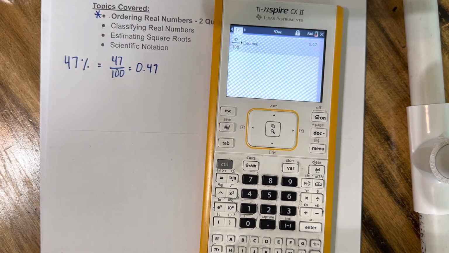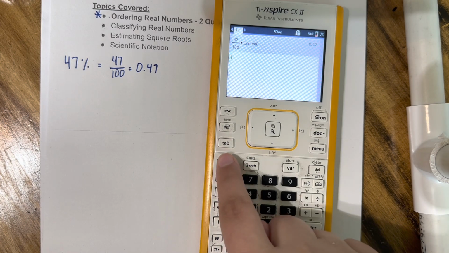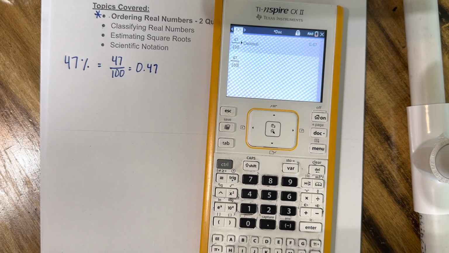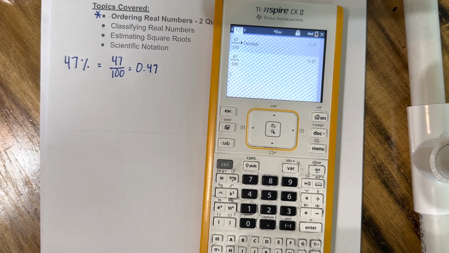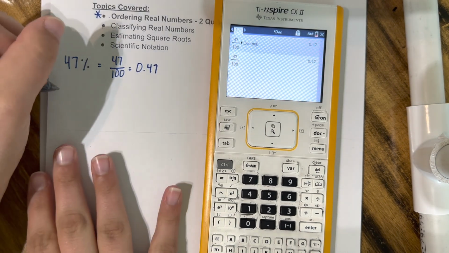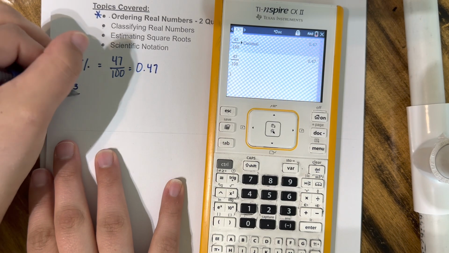Now, an easier way to do this. I make my fraction, so 47 over 100. And then I know I want to convert it to a decimal, so I'm going to do control enter, which approximates it for me to a decimal form. So there's 2 ways to do it. It doesn't matter which way we do it. All right, the other one I want to do, we already kind of talked about, is a fraction, but I'm going to put a negative sign with it.